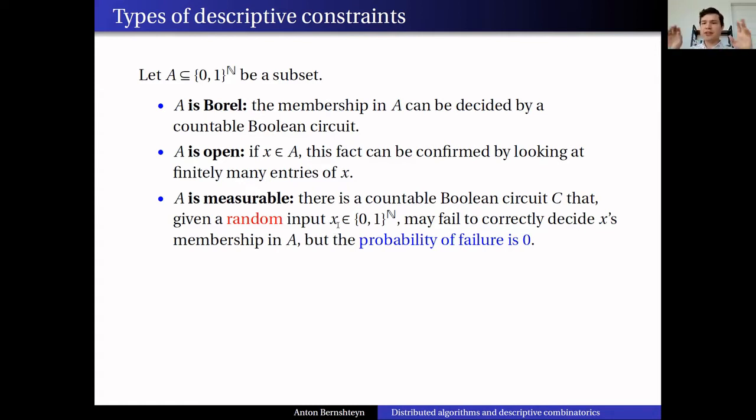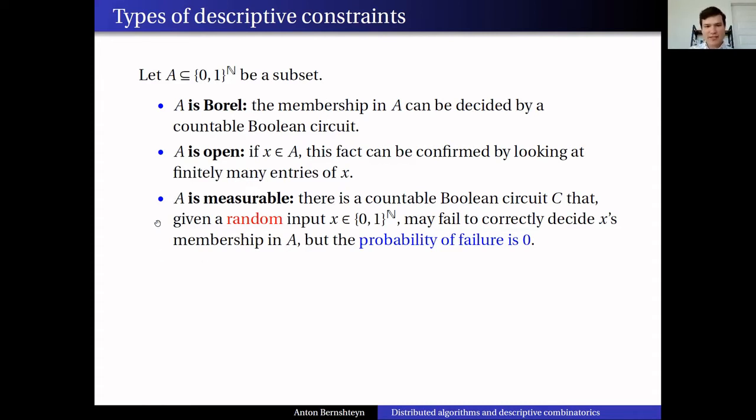But if you feed into it a random input, so if you flip a coin countably many times, you produce an infinite string of zeros and ones, and you put it into the circuit C, then the probability that it incorrectly classifies X is 0. In other words, with probability 1, C is going to correctly tell you whether this random input was in A or not.